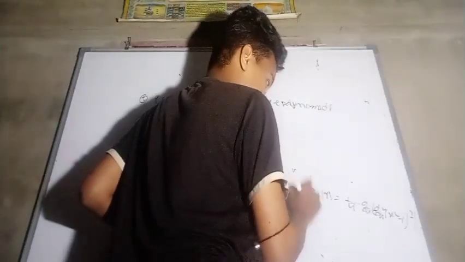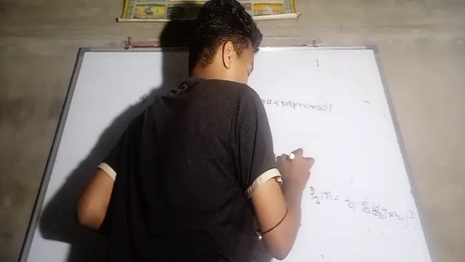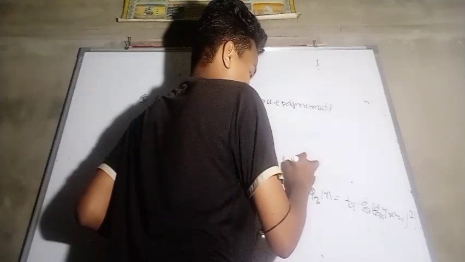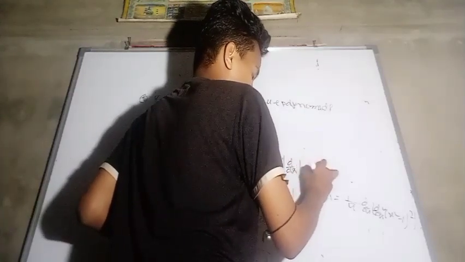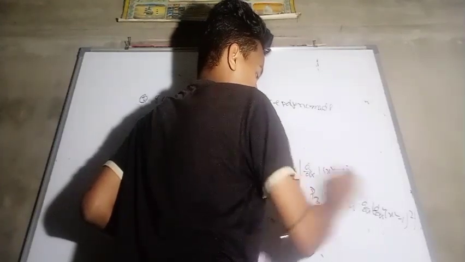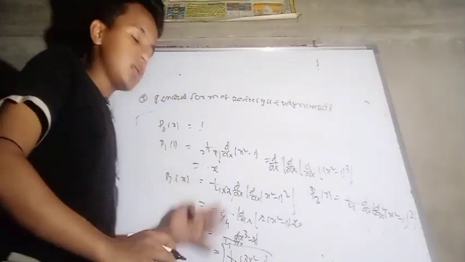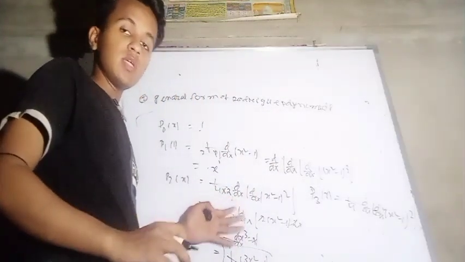So d by dx of (x squared minus 1) cubed. Okay, we remember the first is 1, the second is x, the third is 1 by 2 (3x squared minus 1).